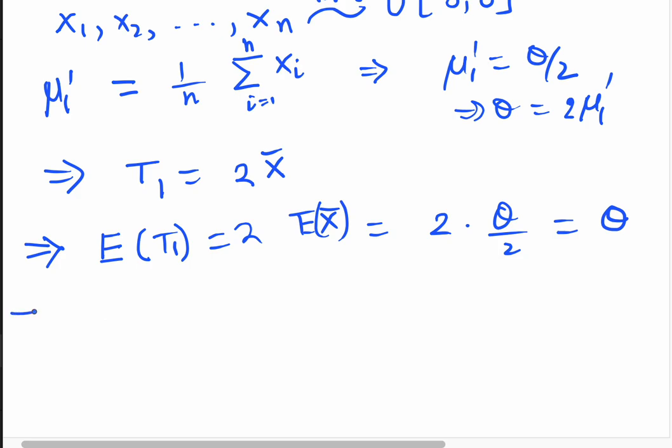And to check the consistent property, let's check the variance of T1.